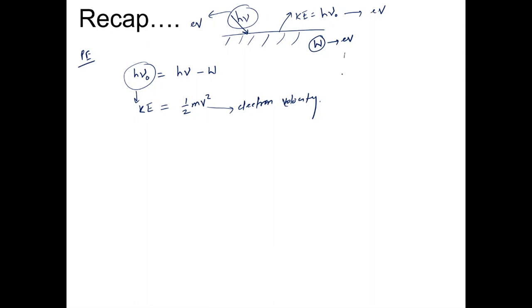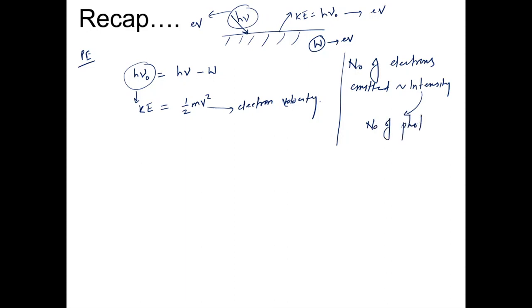We also remember that the number of electrons emitted is proportional to the intensity, and the intensity is nothing but the number of photons, where each photon has the energy h nu.